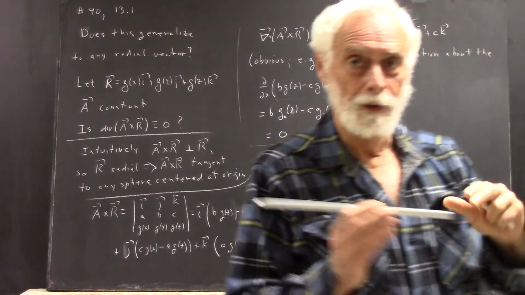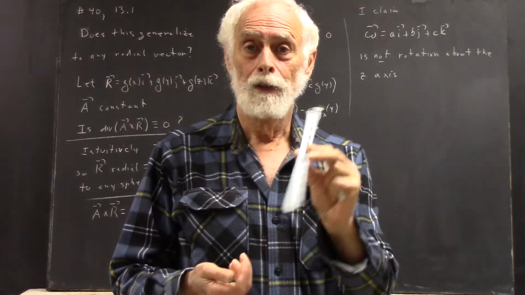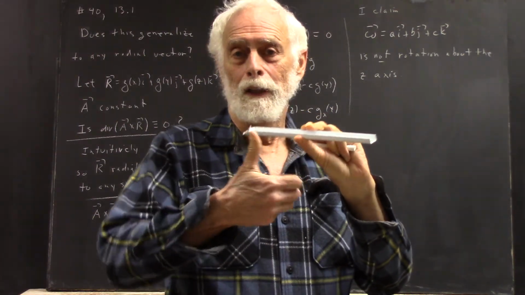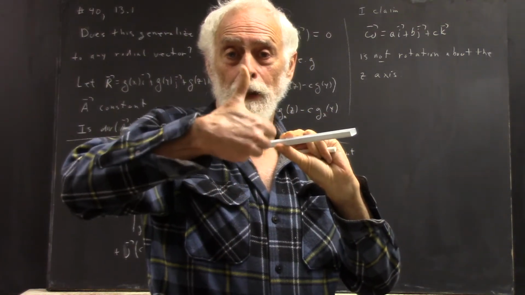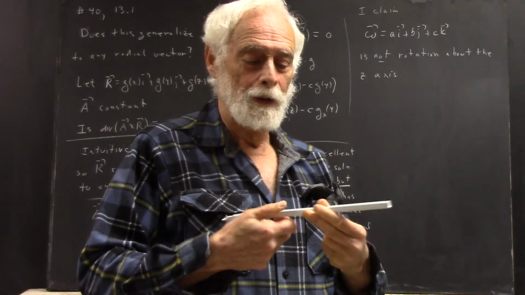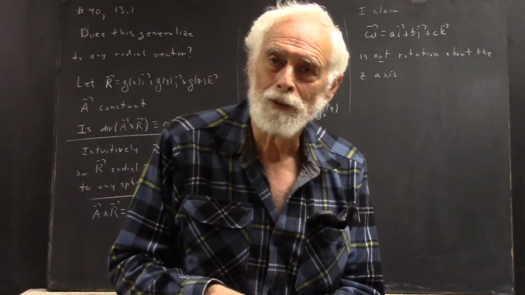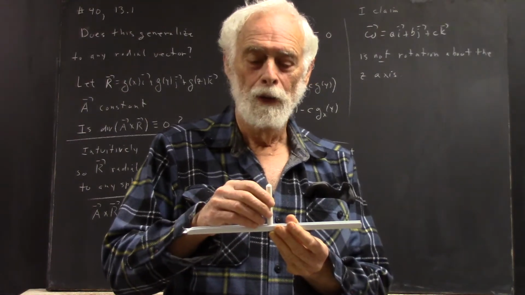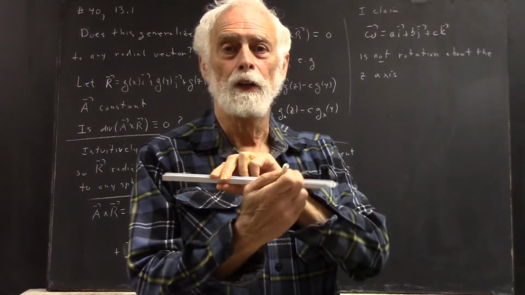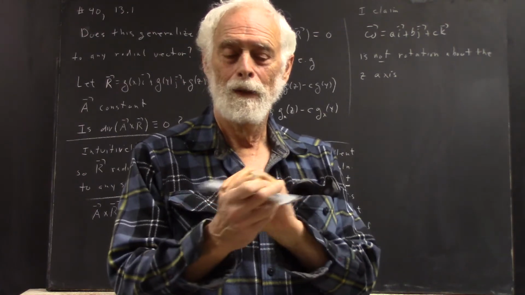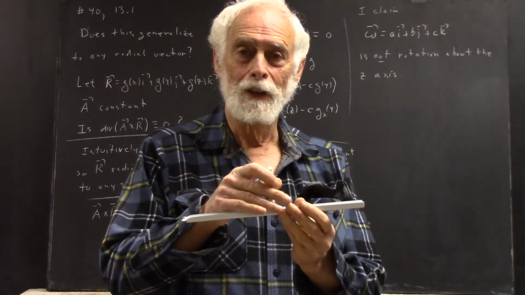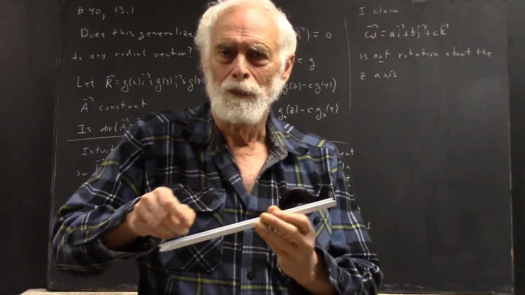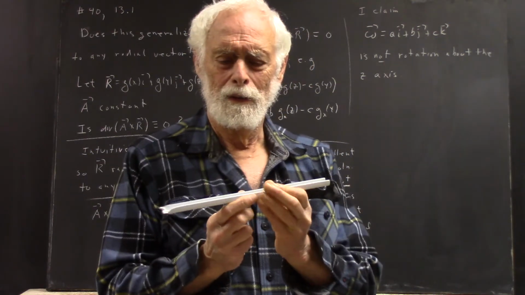I use these demonstrations in physics all the time. If this is rotating here in the xy plane, then the right-hand rule tells you that the axis of rotation is perpendicular. It's the only axis that makes sense. There is no vector other than a vector perpendicular to the plane in which the thing is rotating that makes any sense. Any vector in the plane would have to change as the rotation continues.